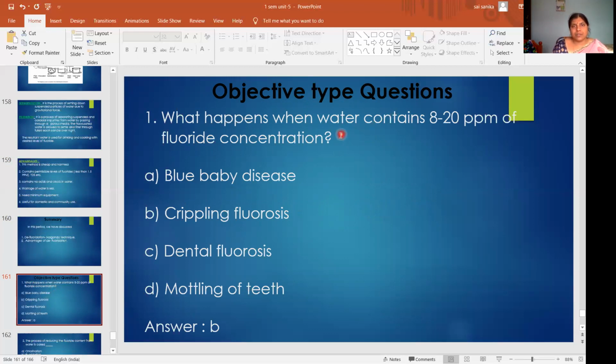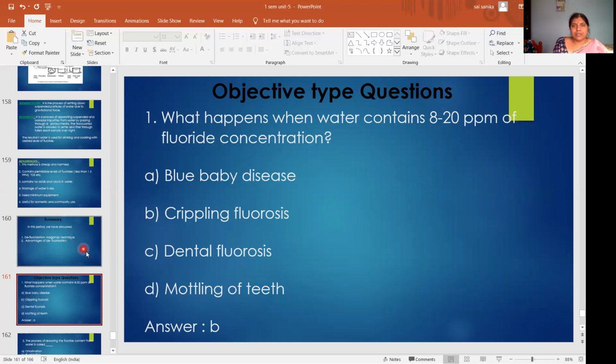First question. What happens when water contains 8 to 20 ppm of fluoride concentration? Based upon the concentration of fluoride, you get different diseases.